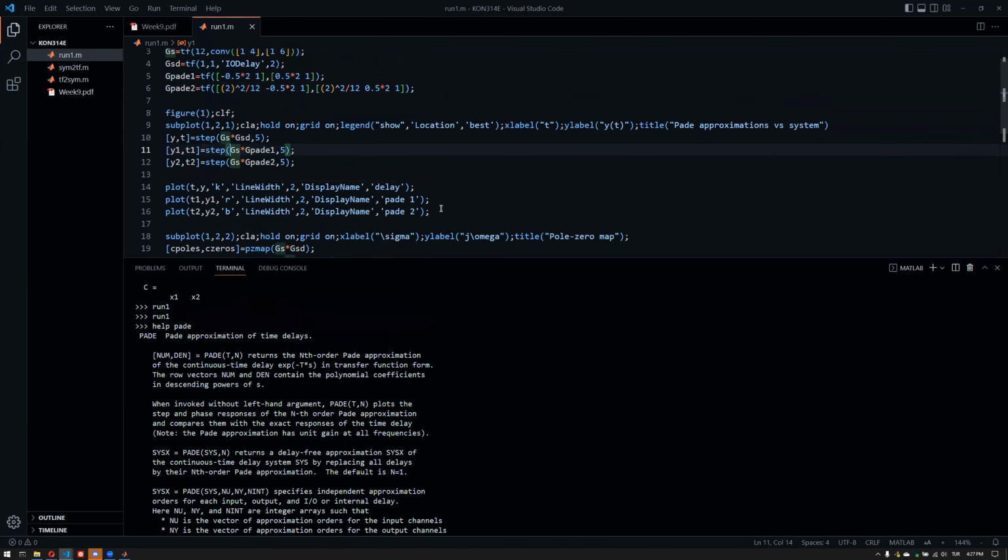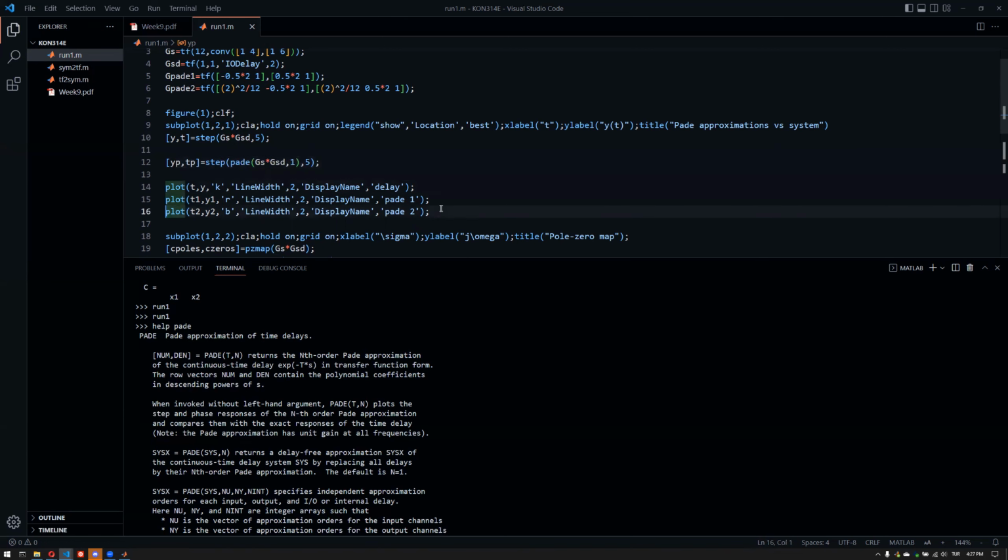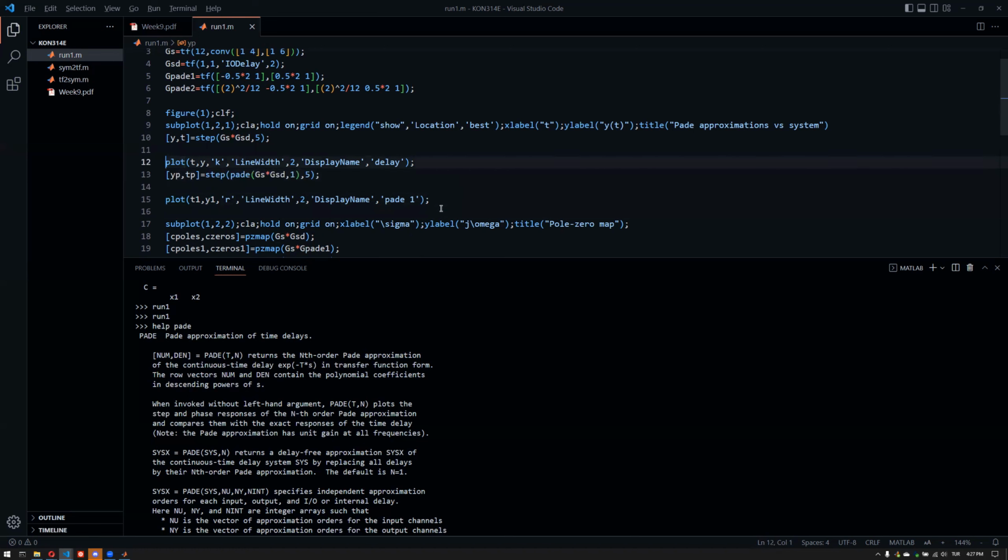So instead of doing this like this, we can just use it like the following. We can just say, okay, we'll have some pade response here. And instead of using this, we're going to use GS times GSD, which is the actual transfer function. And then, for example, 1 here. So let me get rid of the unnecessary data here.